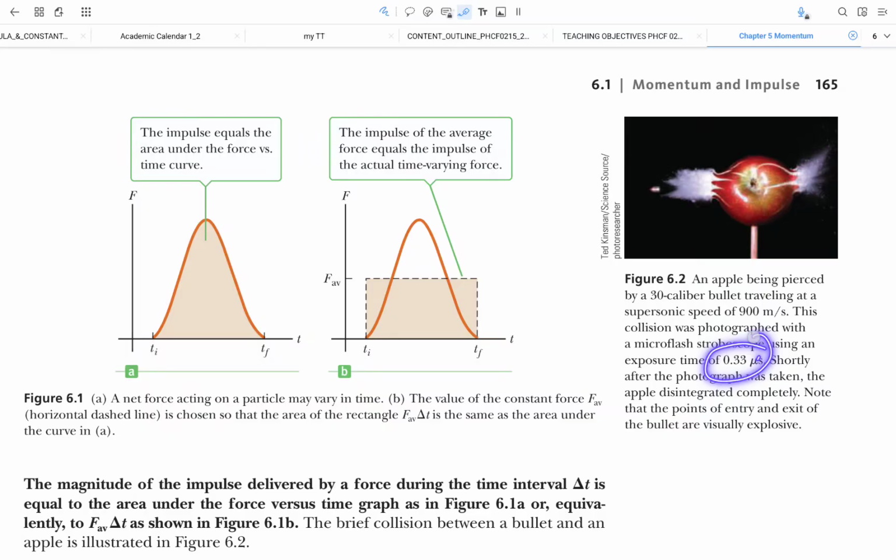Turns out when the time is very small, you find that the average force, meaning if this is 100 and this is 50, or if here is 80, then we are talking about 40 as the average, makes the area shaded over here equivalent to the area shaded under the curve graph. This is very interesting because it makes sense.